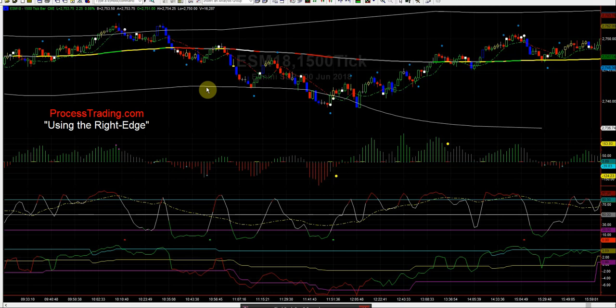Since I'm doing it a little bit later after the trading day, it makes it immensely easier, simply because these bands, of course, adjust to price and the price's fluctuation.